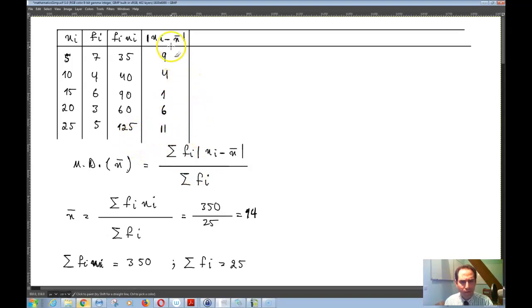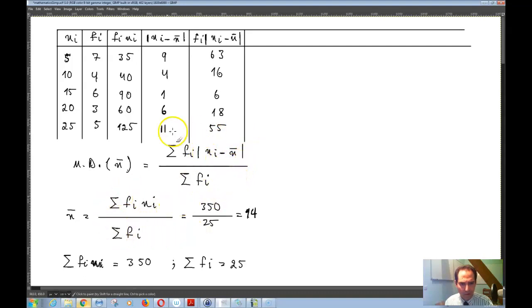And so if you multiply f_i times the absolute value of x_i minus x bar, you will get 63, 16, 6, 18, and 55.